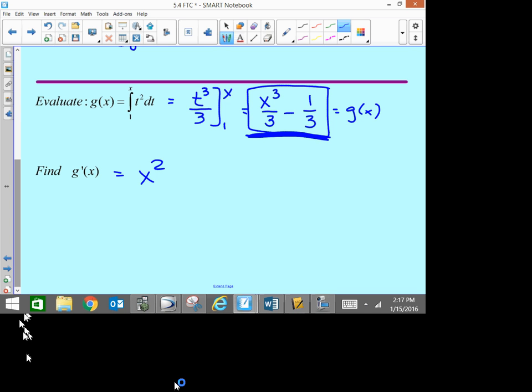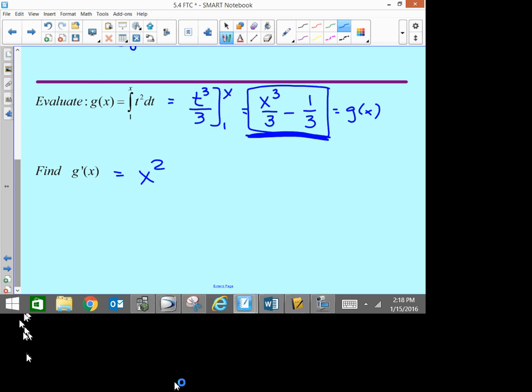Anybody want to put in words what we just did? Basically, you're finding your original function, and then you realize that what you found is what you started with, because the derivative and the antiderivative are like opposite functions, right?